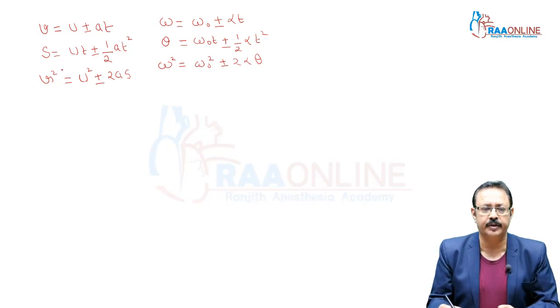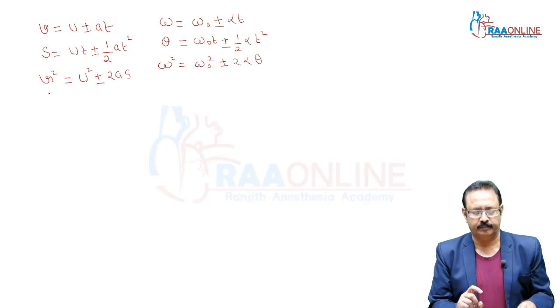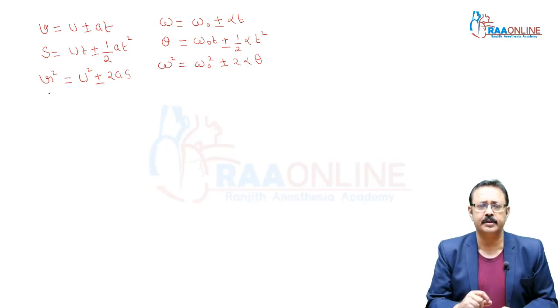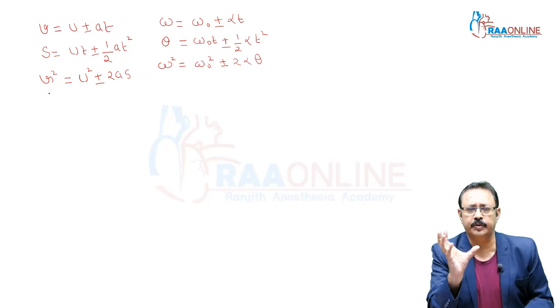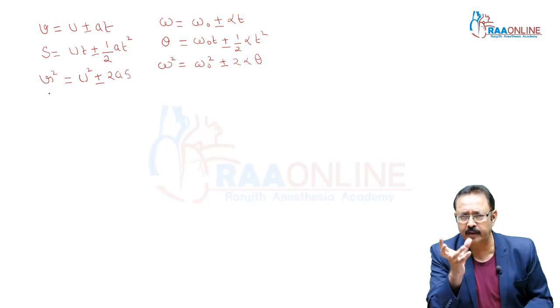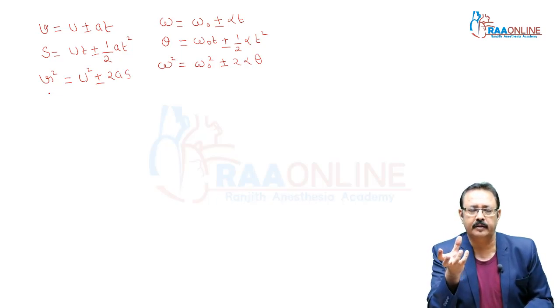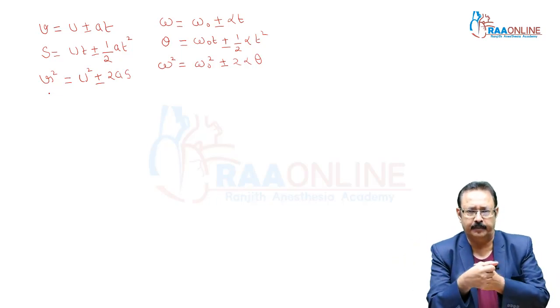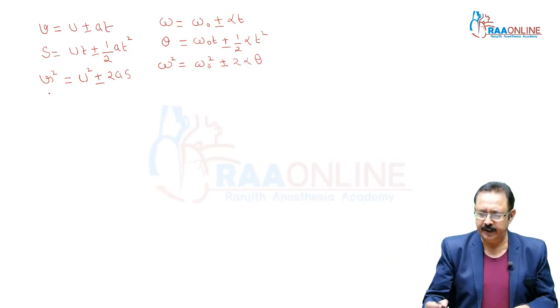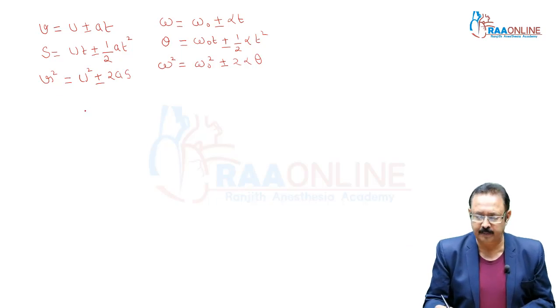So many questions they can ask on the law of conservation of angular momentum. In which type of questions can they ask? Suppose you are standing on a turning table. The table is rotating and you are standing on that table. If suddenly you fold your arms, initially your arms were in this position.